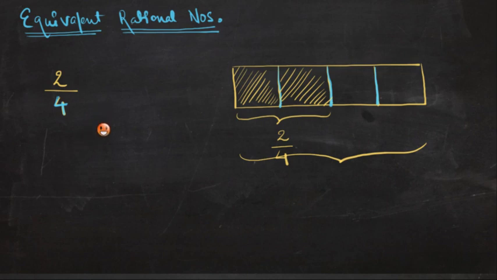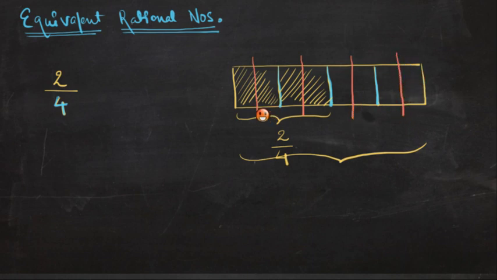How else can we represent this? Let me divide these 4 parts again into halves. This is one part and I'll again divide this into 2 equal halves. Similarly, this part I'll again divide into 2 halves, this part again into 2 halves and this again into 2 halves.